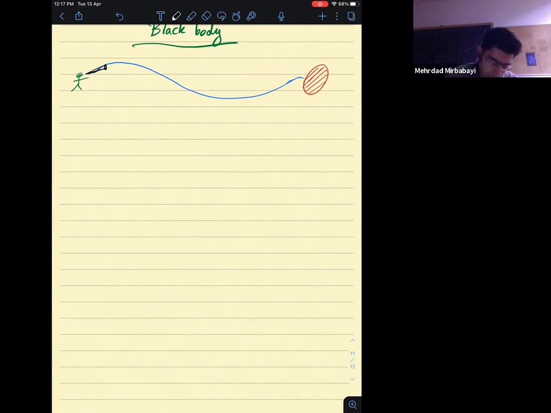So what is the blackbody distribution? Let us consider some box with size L. This box is just a tool to derive this result.